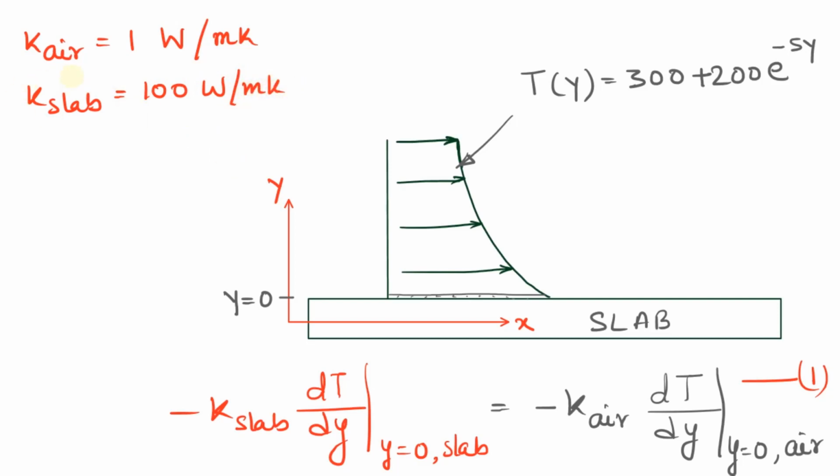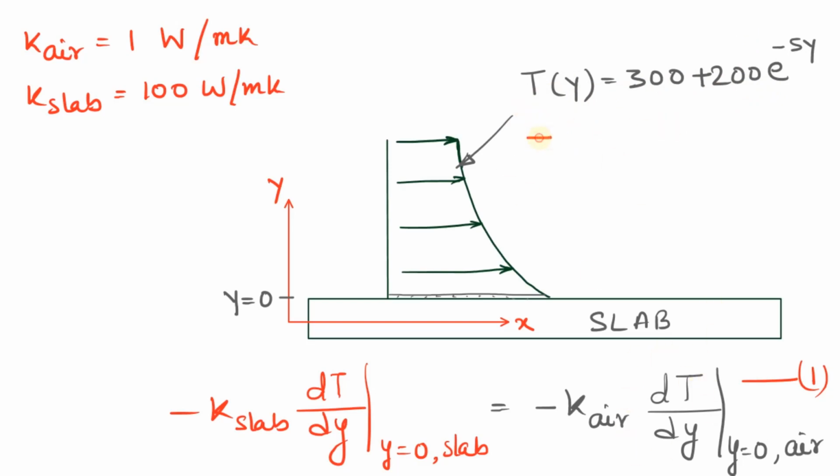Now in the first equation, on the right hand side, dT by dy, the variation of temperature in y direction of air, can be found using the given temperature profile. If we differentiate it with respect to y, we will obtain this term.